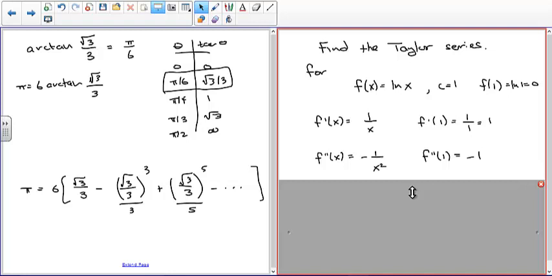When you're taking the derivatives of something like this, you want to rewrite it as x to the minus 1 power at this point, because as you take subsequent derivatives, you're using the power rule with a negative exponent.